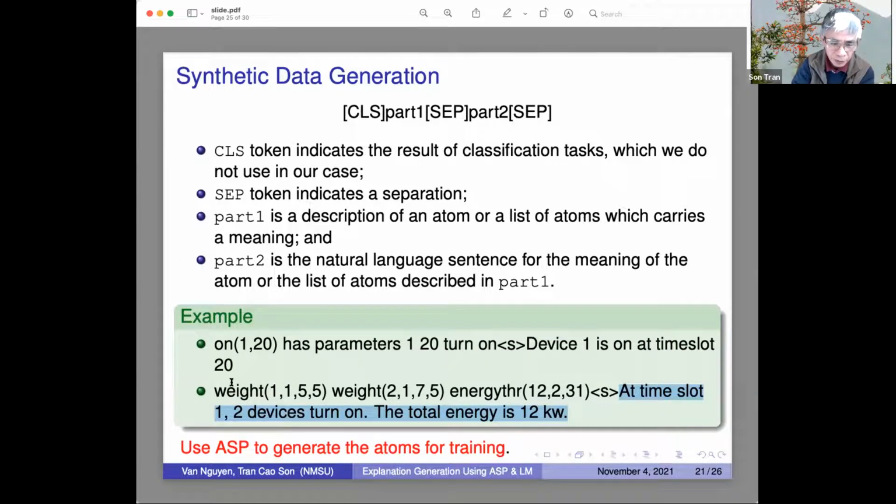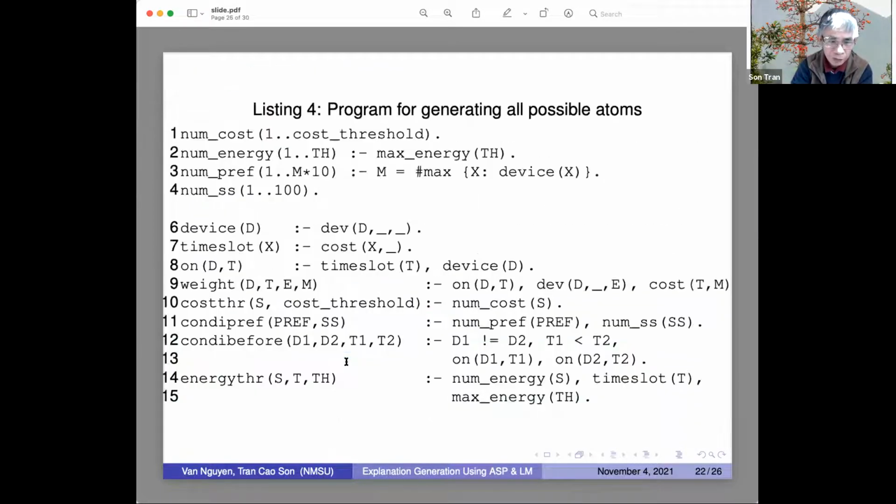So we use basically ASP to generate all the atoms for the training, and have a script that generates this pattern and enters it, and then use the transformer to train the model, right? So this is a program that we use to generate all the possible atoms in a problem.